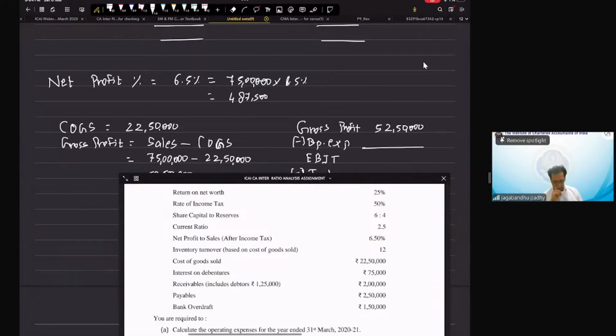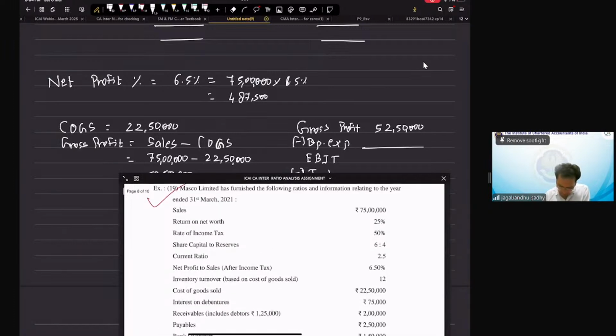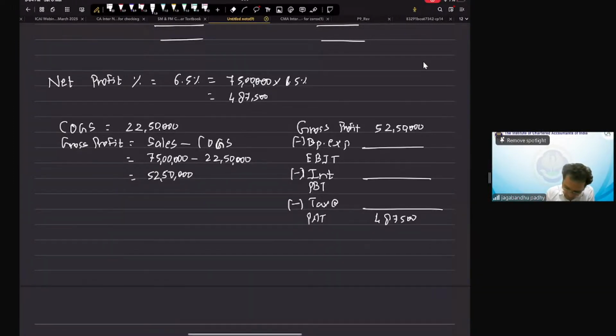What's the tax rate given? Any tax rate given? Yes, tax rate is 30%. If your PAT number is 4 lakh 87,500, and tax rate is 30%, do the reverse calculation to get the profit before tax number.